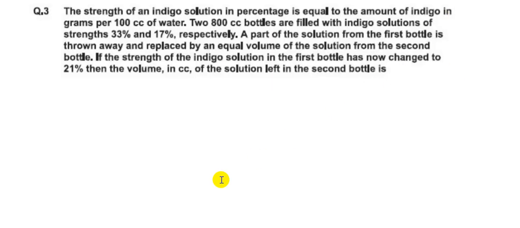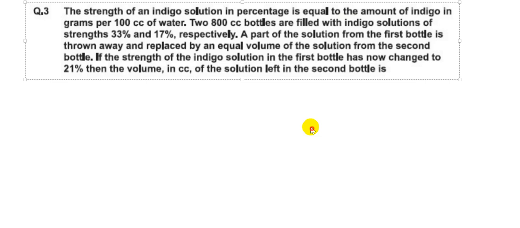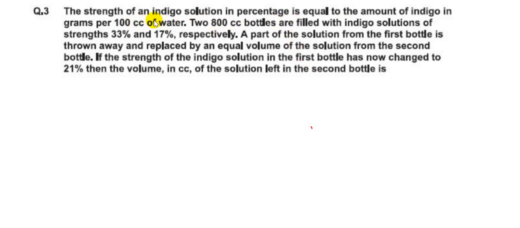We come to question number 3, which says the strength of an indigo solution in percentage is equal to the amount of indigo in grams per 100 cc of water. Two 800 cc bottles are filled with indigo solutions of strengths 33% and 17%.